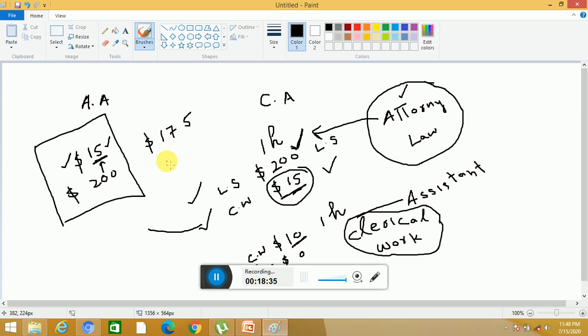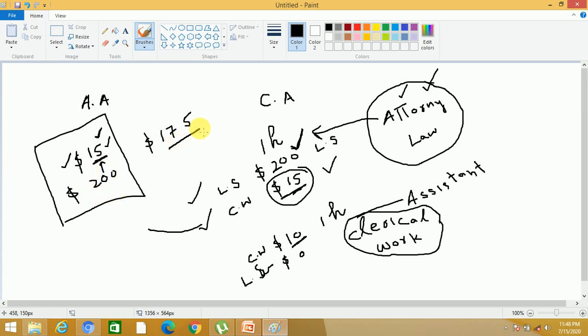So in this case, what will this attorney do? If he is doing clerical work himself, he earns $15, but he is losing $200 because he will give 1 hour to clerical work. He is not hiring any assistant, but when he does this work himself, he is losing $200. So he is losing $175: 15 he is generating himself, but 200 he is losing.